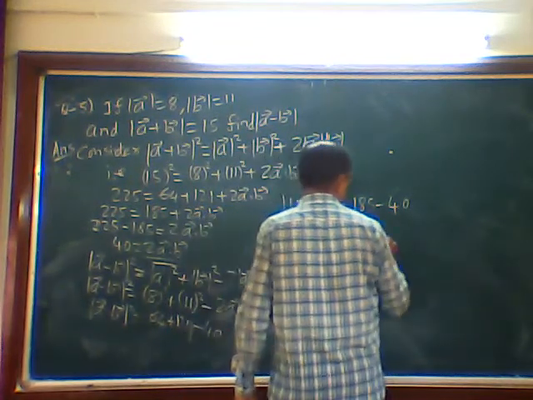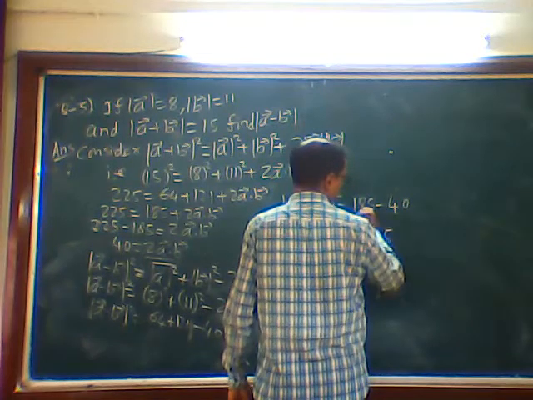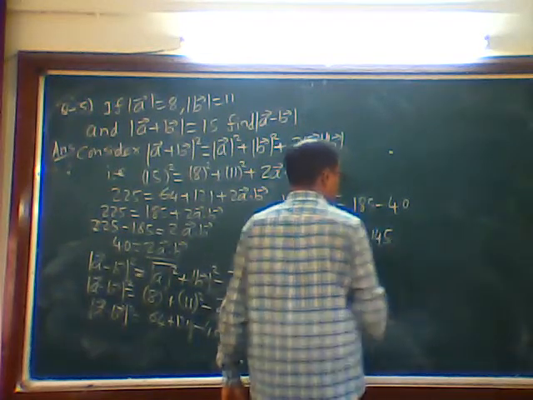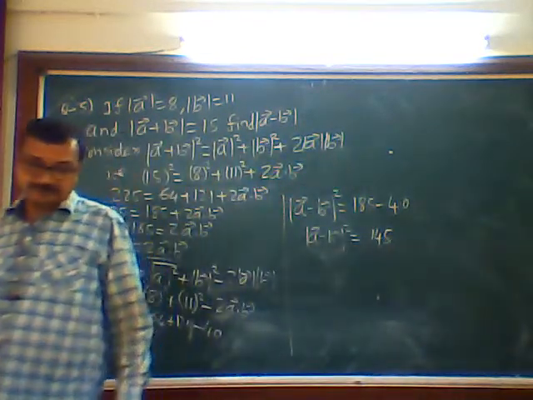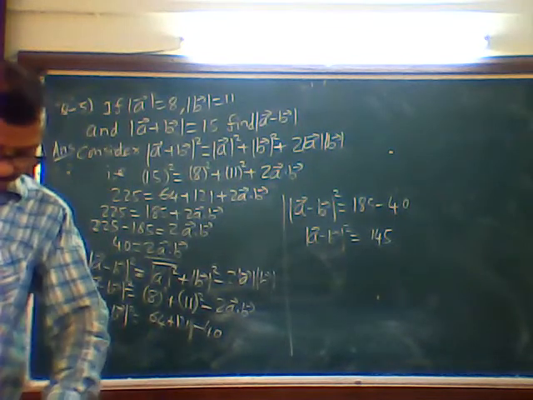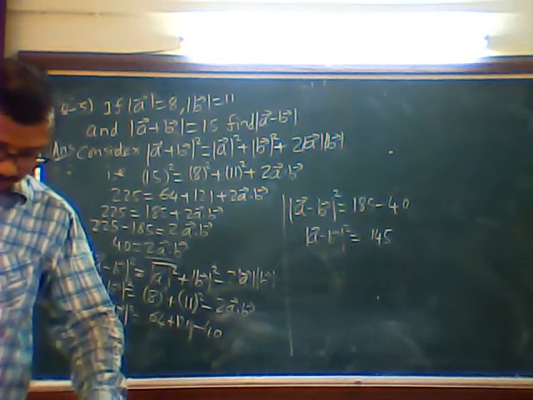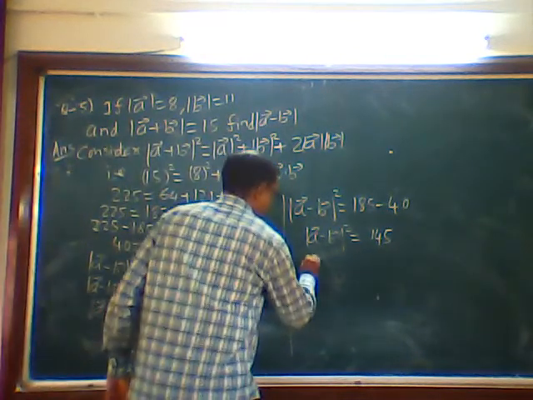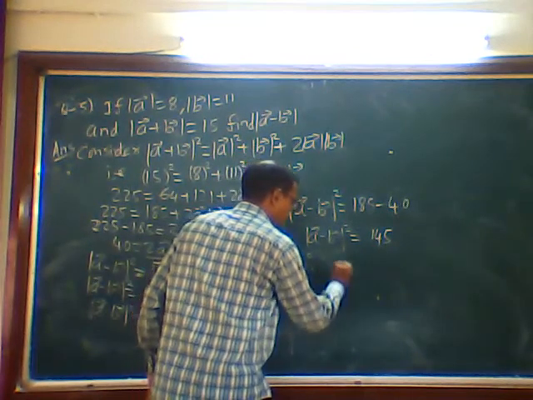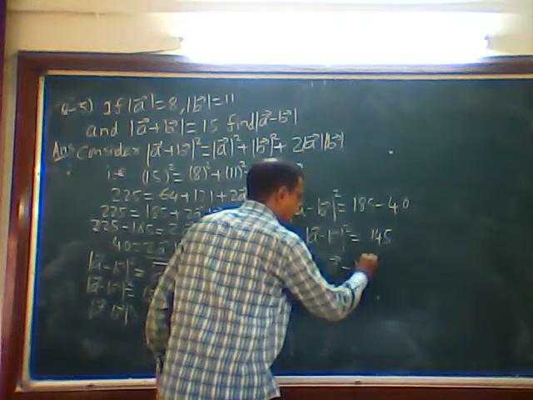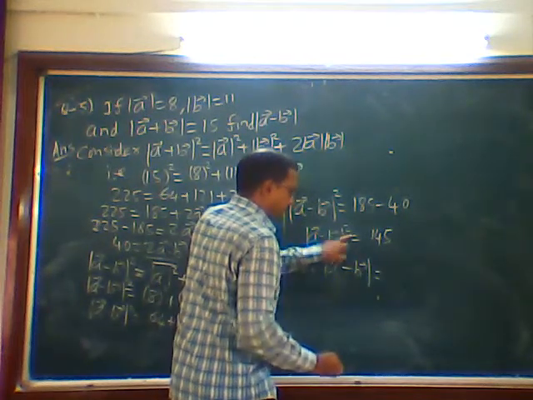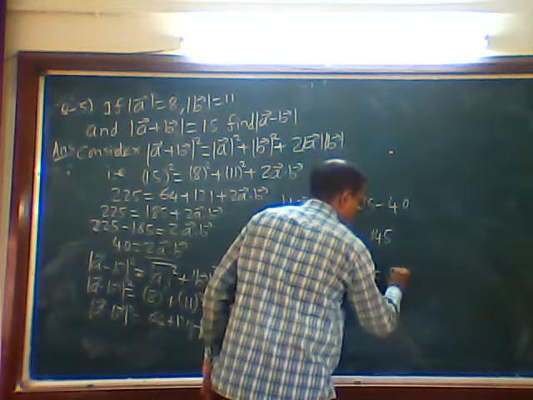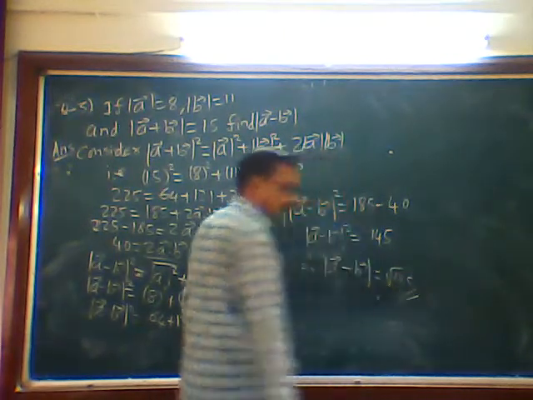Okay, 185 minus 40 is how much? 18 minus 4 is 14, so 145. Then answer will be what? Square root of 145. Therefore mod a bar minus b bar only. This was whole square, it is only this one. This is square root of 145.